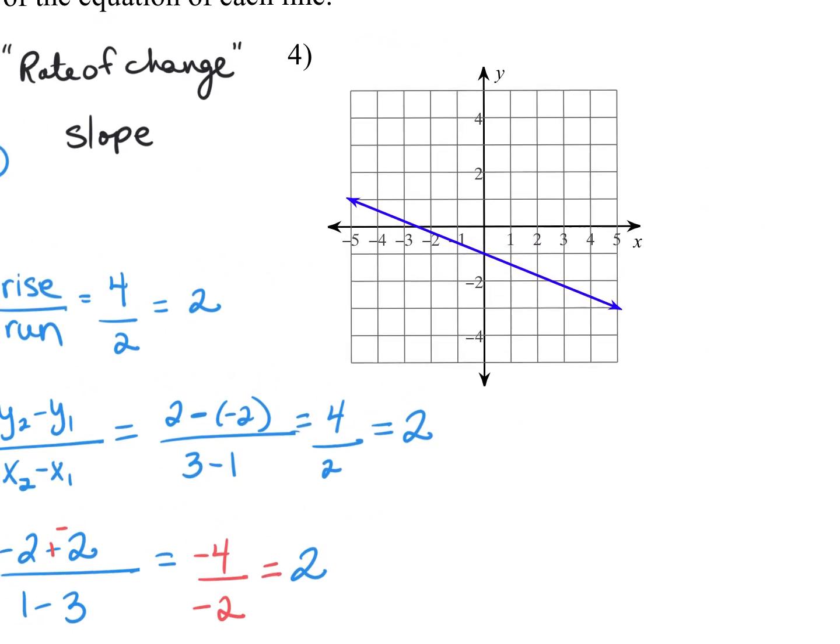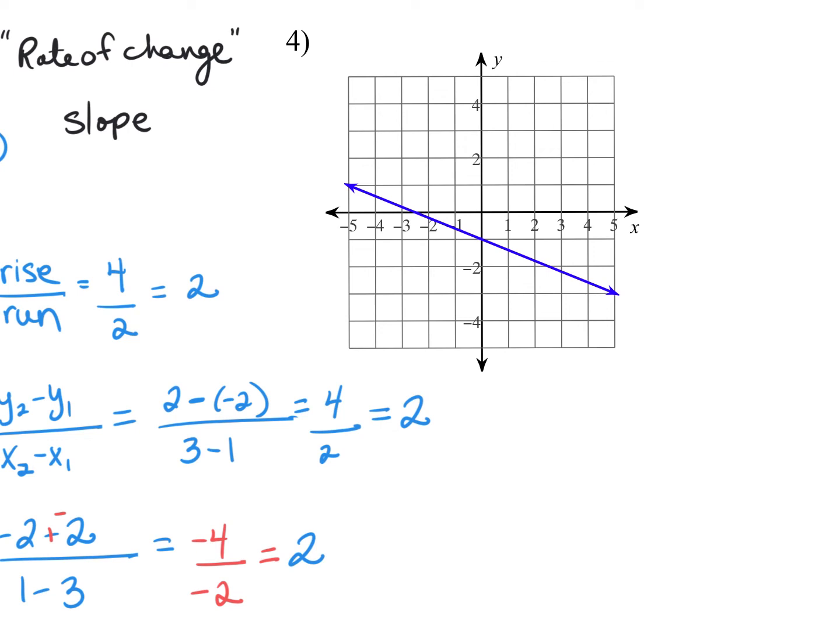Okay. Now here, the first thing that should catch your eye is that this is a negative sloping line. And we have a point here. Unfortunately, my only other point that gives me a whole number location is this point here, which is at 5, -3.